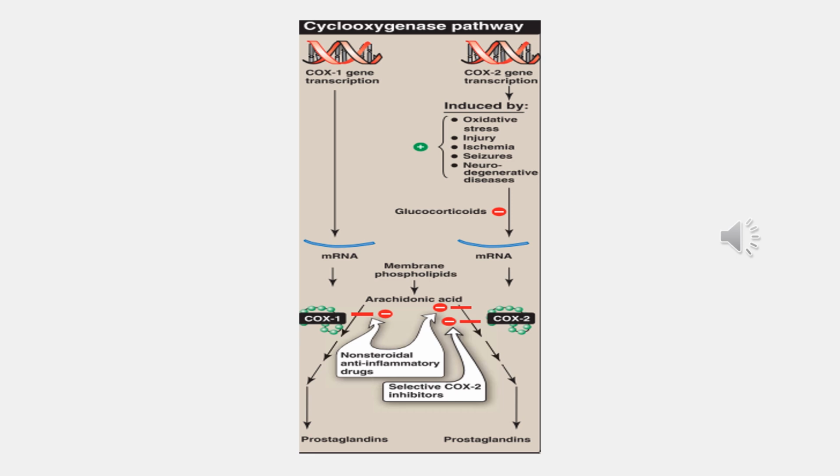So if we inhibit COX-2 selectively, given its importance in the inflammation process and the synthesis of prostaglandins, we can potentially inhibit the inflammation, fever, pain and other things, and at the same time, by not inhibiting COX-1, we can protect against GI bleeding.